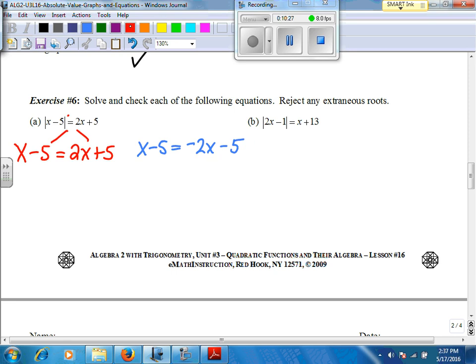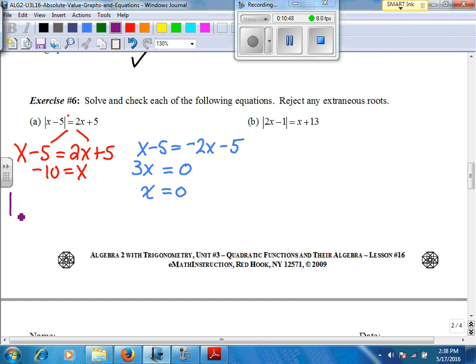Now you need to solve both of them. I'm going to skip some steps here. Subtract the x, subtract the 5. So potential answer of negative 10. Over here, add the 2x, add the 5, divide by 3, and a potential answer of 0. But again, we've got to make sure we check.